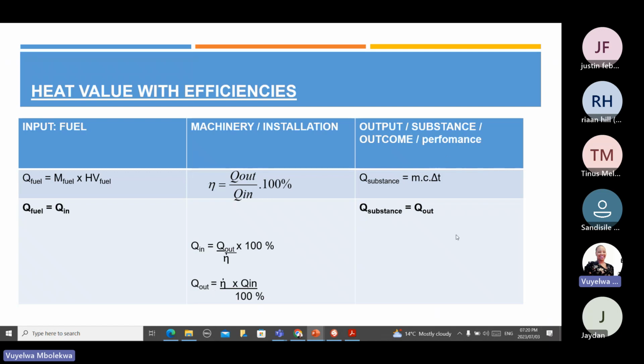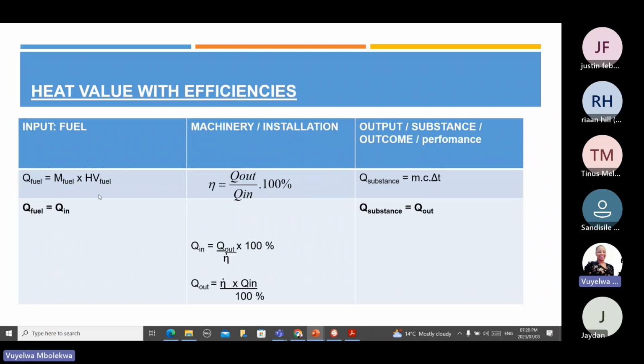So your challenge here also, as they give you the information, is to be able to identify who's the output and who's the input. In the case of an engine, if they say the engine delivers this amount of power in watts or energy, what the engine delivers is the output of the whole system. But what the engine requires is then the input. If you can distinguish those two, then you can't go wrong.